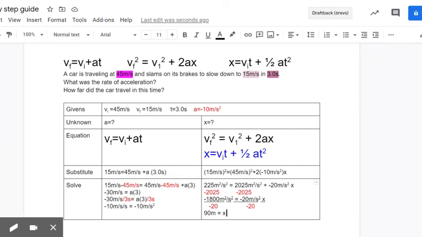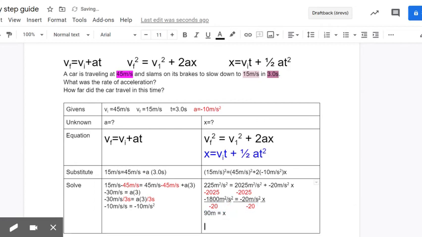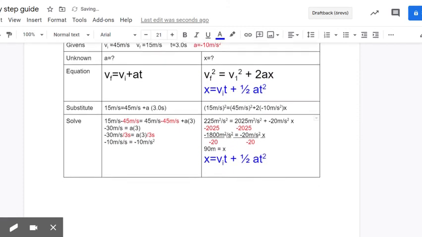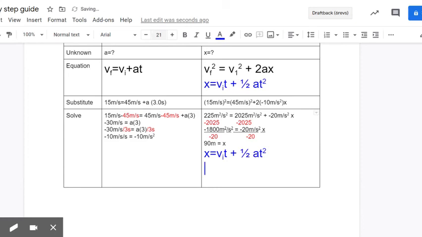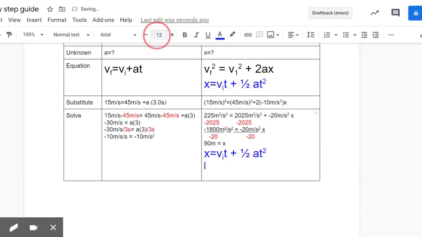So just to prove that both equations would work just as well, now I'm going to bring this equation down. We'll do everything in blue this time. I'm shooting for an answer of 90 meters, so let's see how we do. So x is what I'm solving for.